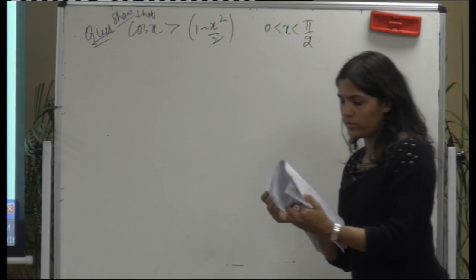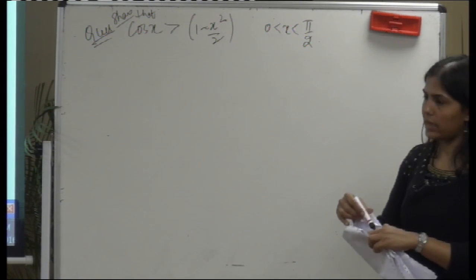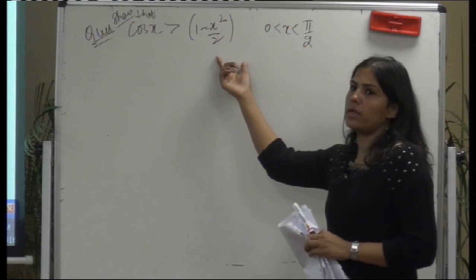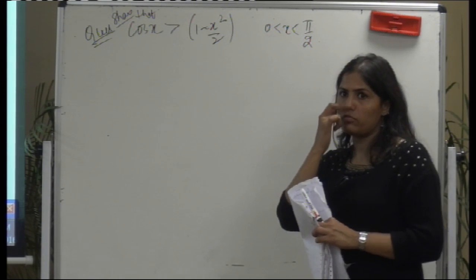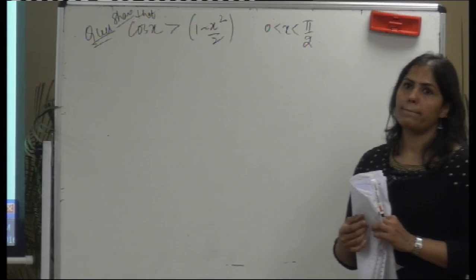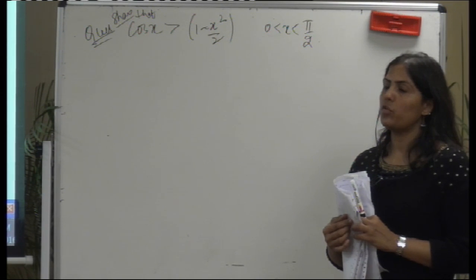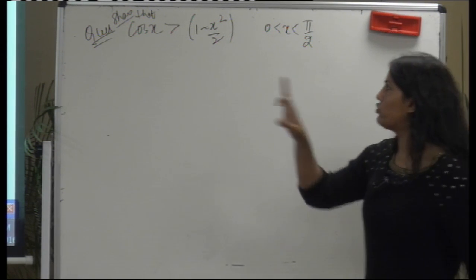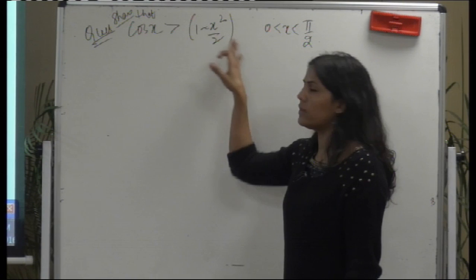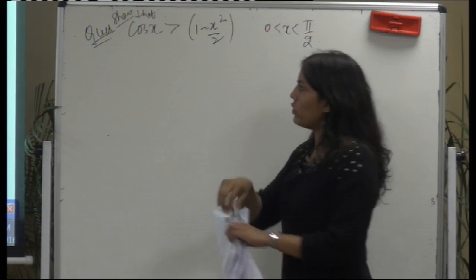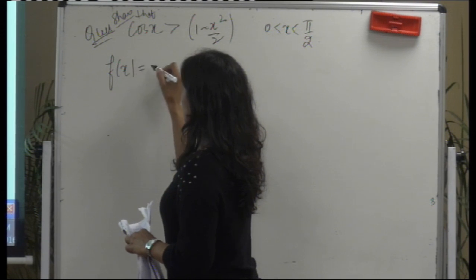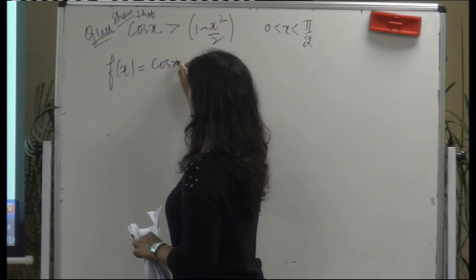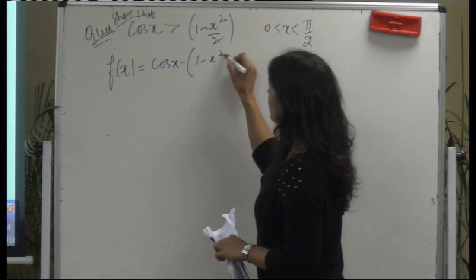Now what can you say? The same as in the last question, give me some hints. For this question do you have any hints? No hints. So what will you do? You have to show that cos x is greater than this. Fine. So which function should you take? Cos x minus 1 minus.